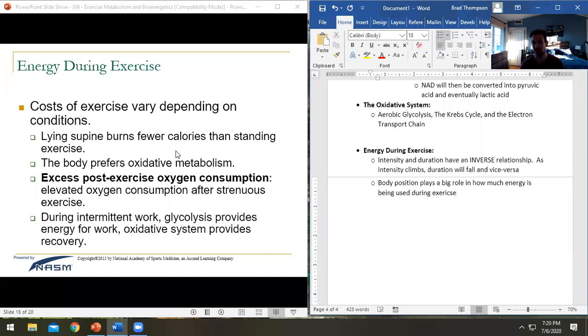Laying down burns less than sitting upright, sitting upright burns less than standing, and standing in a stable environment burns less than standing in an unstable environment. So that's where we start to look at some of these principles.